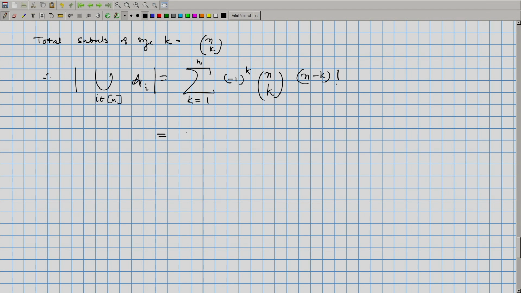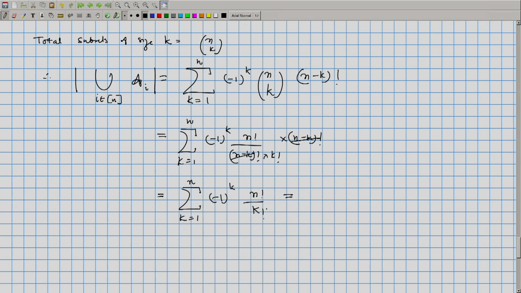So this gives us the summation k equals 1 to n of minus 1 raised to k plus 1 times n factorial by n minus k factorial into k factorial, the whole multiplied by n minus k factorial, and that simplifies to n factorial by k factorial.